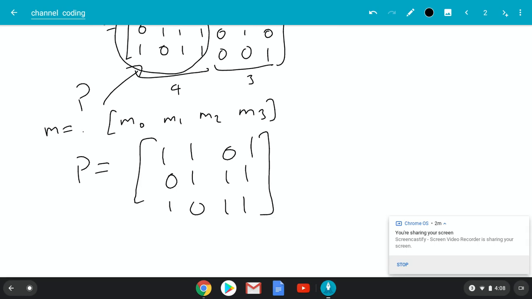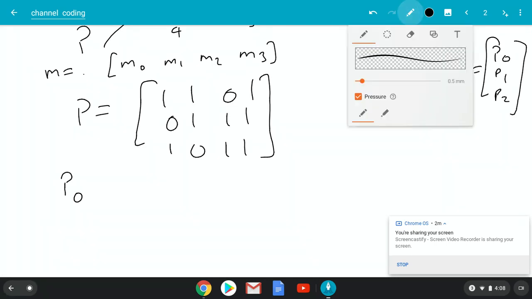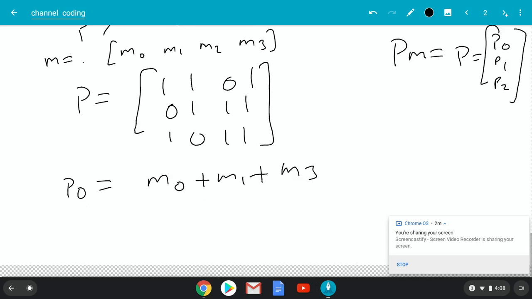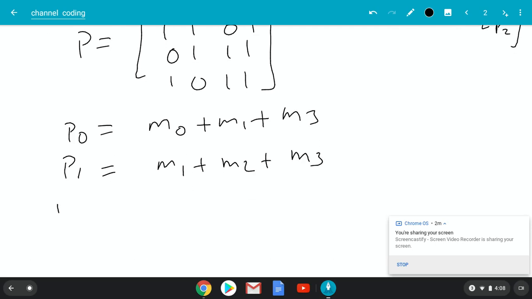And P times M is equal to small p, and let's say small p is P0, P1, P2. According to that, P0 is equal to M0 plus M1 plus M3, and P1 is M1 plus M2 plus M3, and P2 is equal to M0 plus M2 plus M3, right?